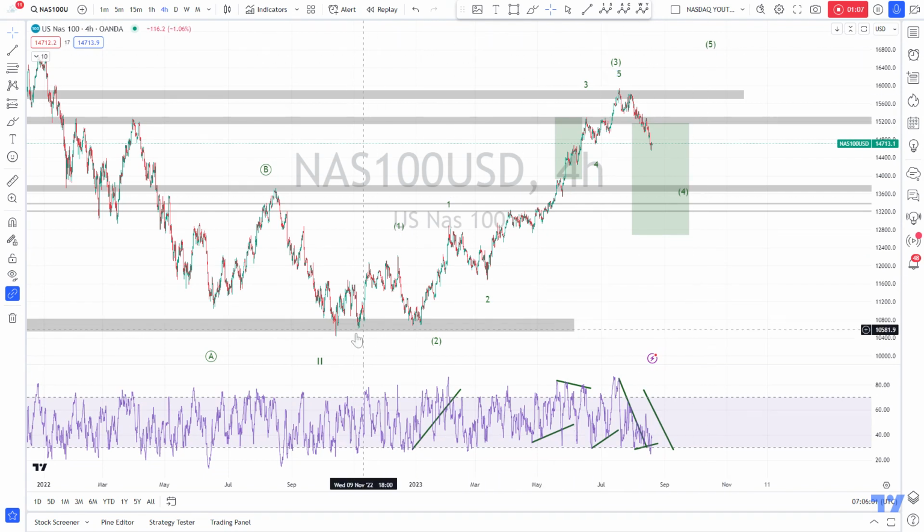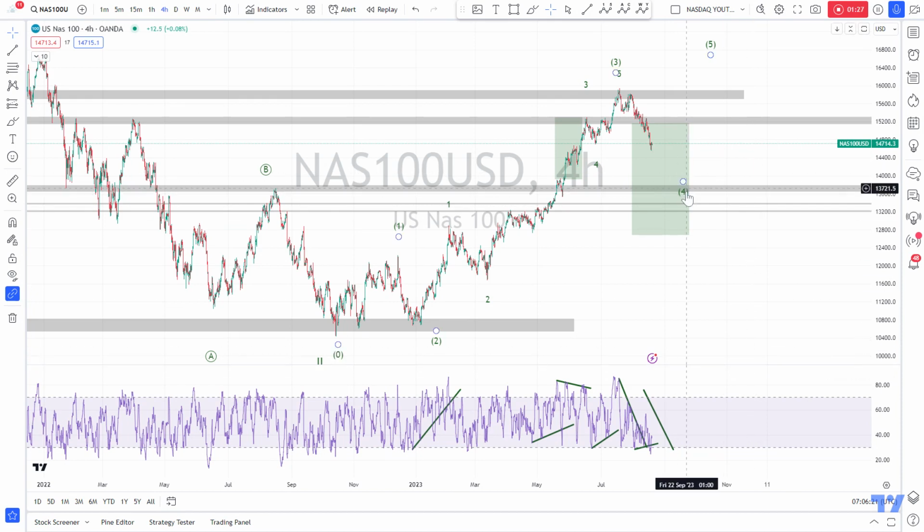But it could also be what I would call a trap, that we only get 3 waves, 1, 2, 3, that we finished here a wave B to the upside, like A, B, and that we then see more downside as a wave C.